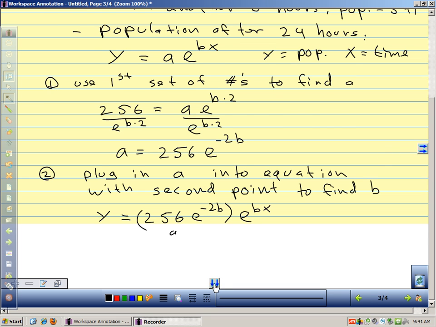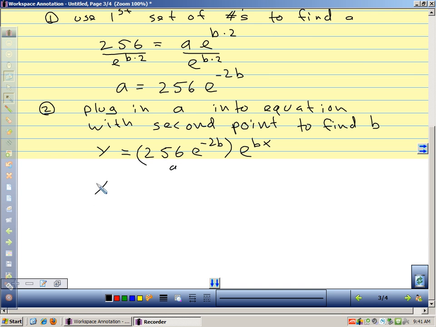Now we're going to simplify this. Y equals 256. When I multiply the same number raised to two different exponents, what do I do with the exponents? Add them.